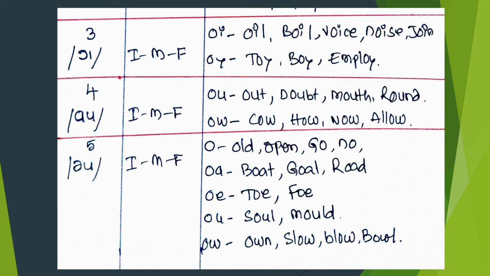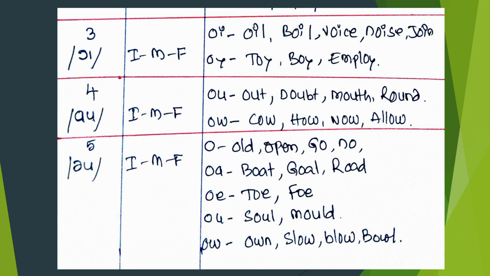Finally in words such as BOY, boy. Yes, you have to frame some more examples, at least 5 words for initial, 5 for medial and 5 for final. Okay, do it later.